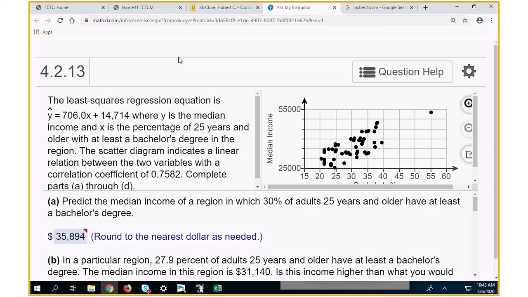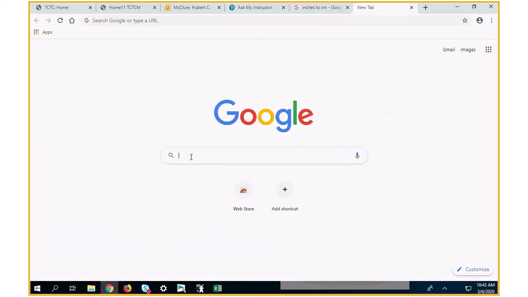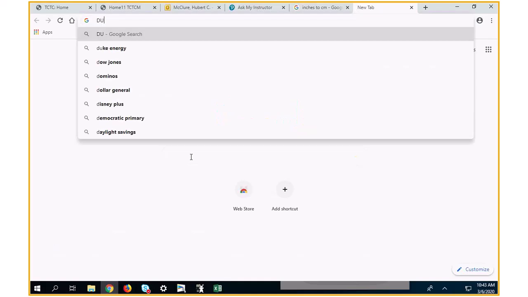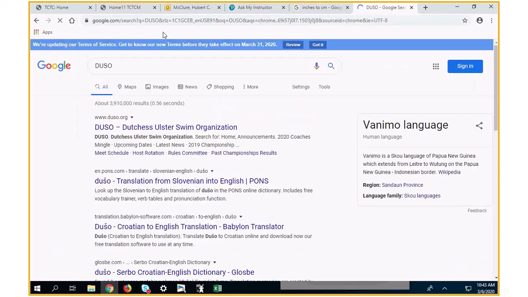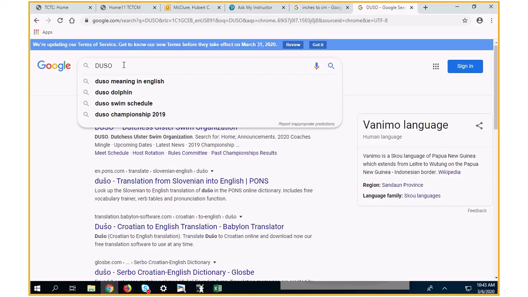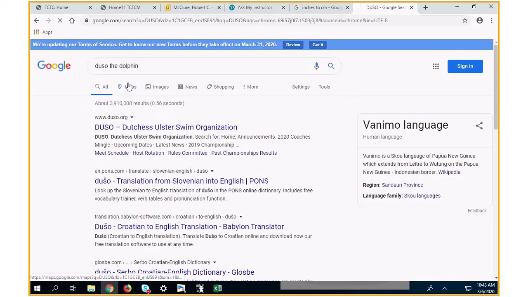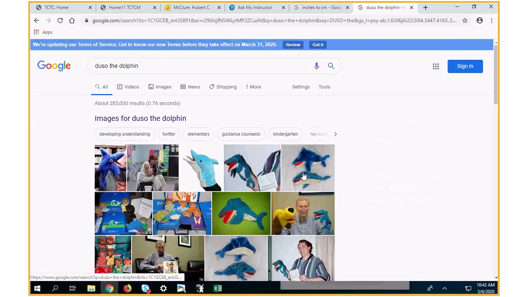Back then, you could do that. Yeah, sure did. You told us you rode the short bus. You didn't tell us about the dolphin. Yeah, you can look him up. He's actually real. Y'all think I'm kidding. His name's Duso, D-U-S-O. Duso the dolphin. There he is.